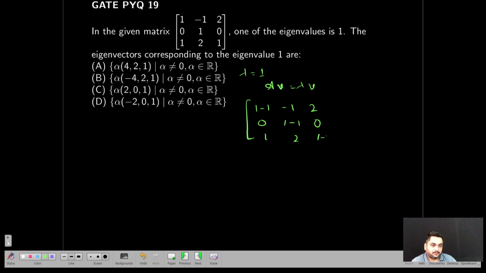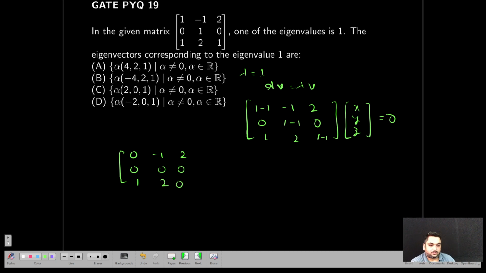This is A minus 1 into, let's say the vector is x y z, is 0. So what it becomes? 0 minus 1 2, 0 0 0, 1 2 0, then x y z.